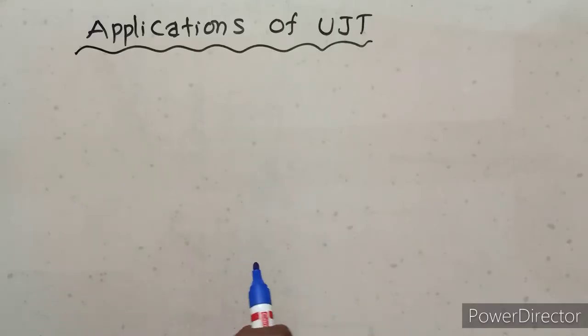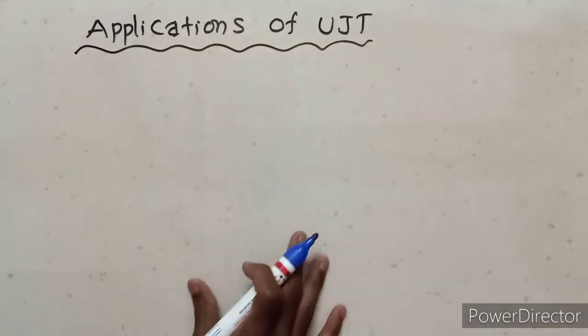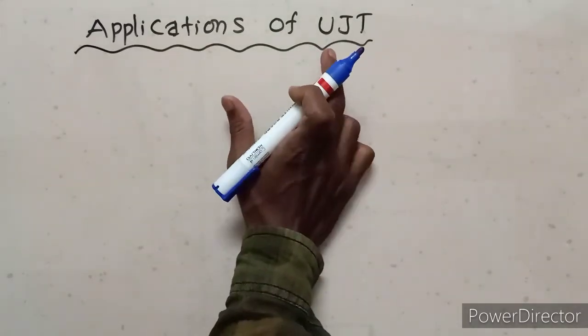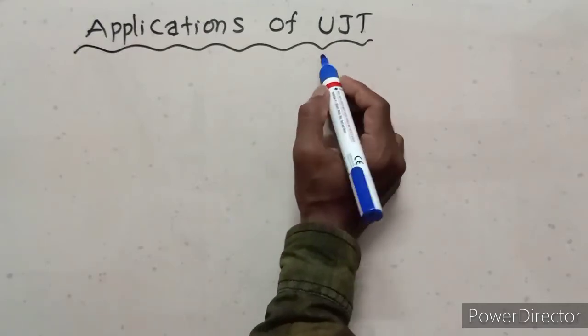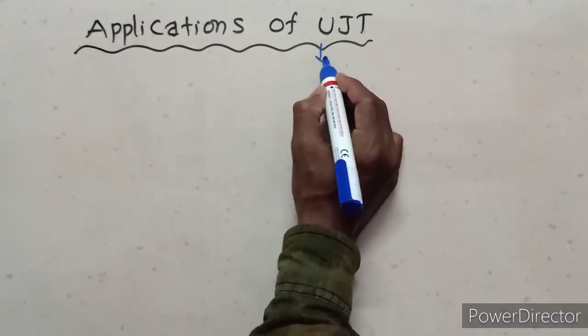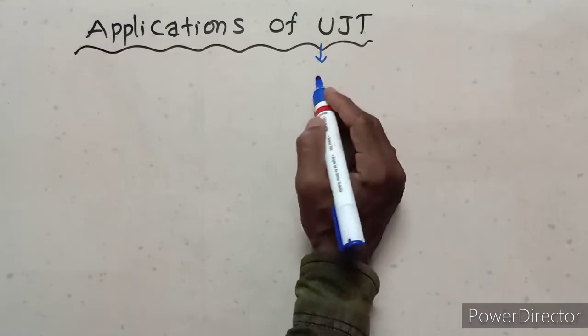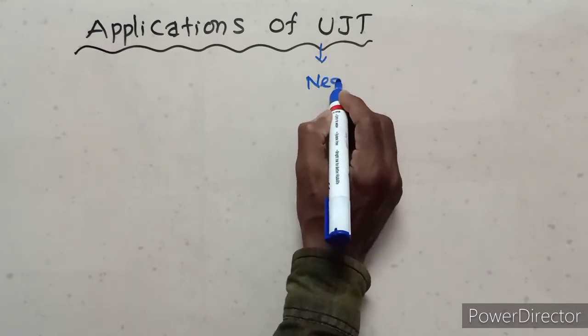Now we are going to discuss the applications of UJT, the unijunction transistor. The main characteristic of the unijunction transistor is negative resistance.